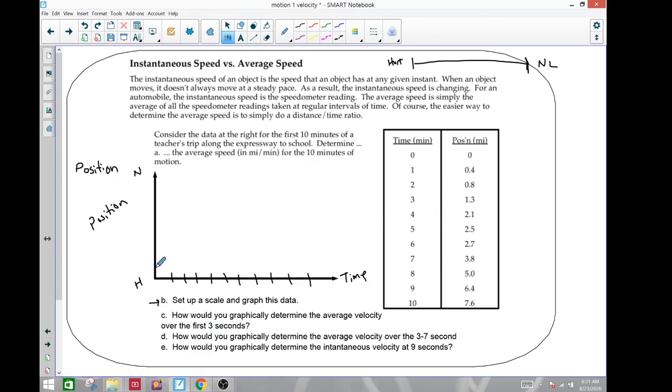And then we got total displacement is 7 or 8, so 1, 2, 3, 4, 5, 6, 7, and 8 just off the top. Okay, so this is going to be in miles, and we're sort of automatically setting up that up is positive, down is negative, to the right is positive, to the left is negative.